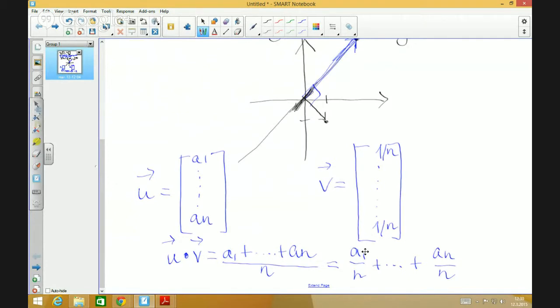So actually using dot product, you can compute averages of your data stored as a vector. By multiplying with an appropriate vector, where appropriate means it must, of course, have the same dimension, the same size as the vector whose coordinates you want to compute the average of, and then all of its entries will be 1 over n, where n is the number of entries in the vector you want to compute the average of the components of.